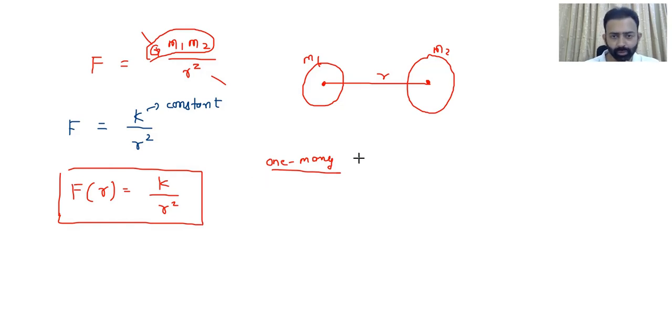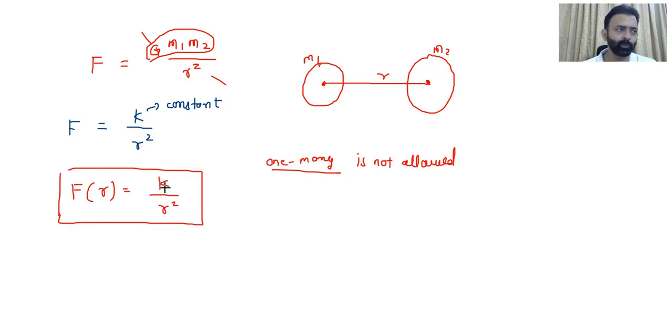One to many is where for a single input there are multiple outputs. In this context, for a single value of R, let us say you are finding the gravitational force between the moon and earth, you have fixed a position of R.